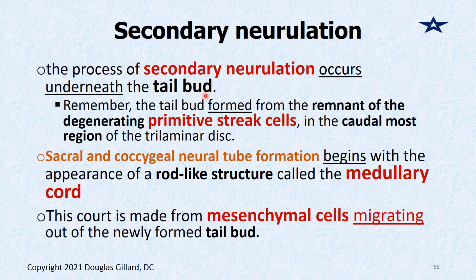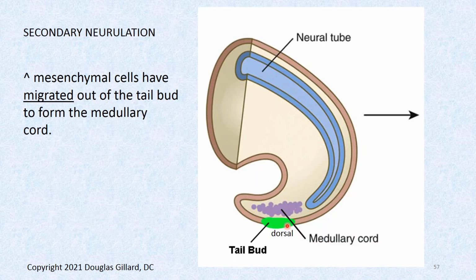Remember we talked about how the primitive streak was dissolving backwards, but the last part of it out of the caudal region morphed into this weird kind of stem cell-like tissue called the tail bud. And so now cells from that tail bud tissue leave the tail bud, and they're mesenchymal cells. And we won't worry about the story, but they go down underneath and form this medullary cord right here.